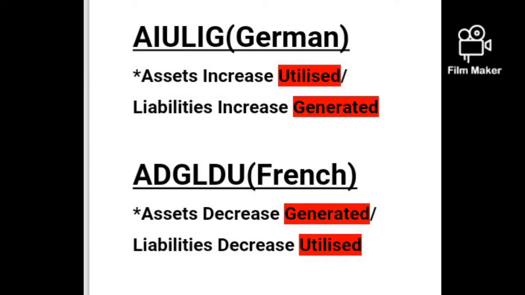Going over to the second approach, ADLUDO, the French approach, is also an abbreviation: assets decrease generated, liabilities decrease utilized. Very same thing. When your assets decrease, it means that money is being received, and when your liabilities decrease, it simply means as a business you are paying out money.